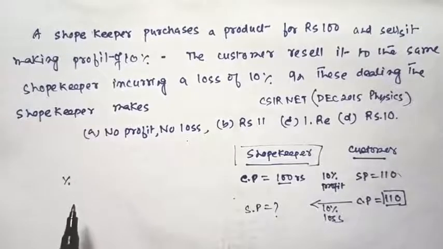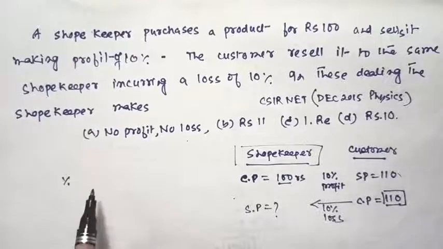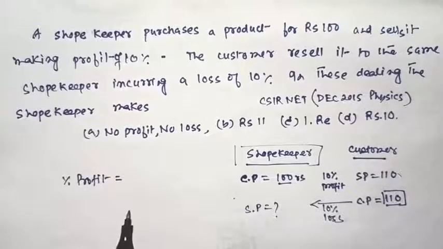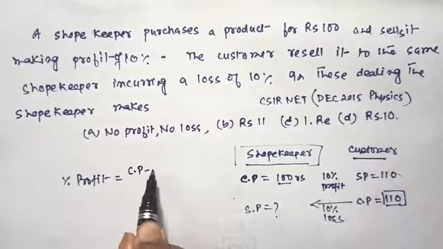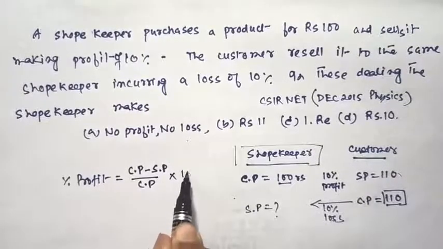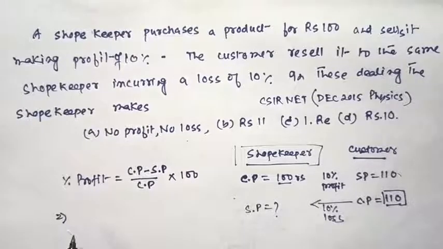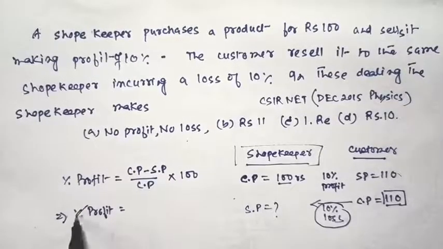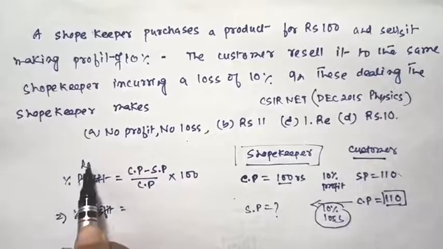So percentage of loss or profit. First we consider the profit. Okay, cost price minus selling price divided by cost price into 100. This is at 10% loss, so we have to consider the percentage of loss.